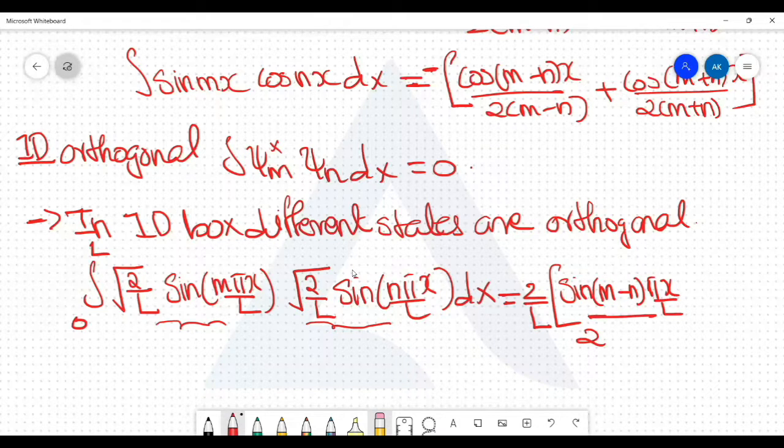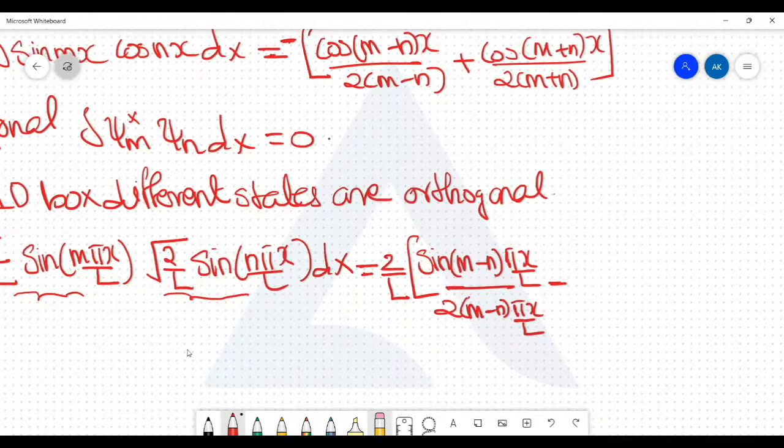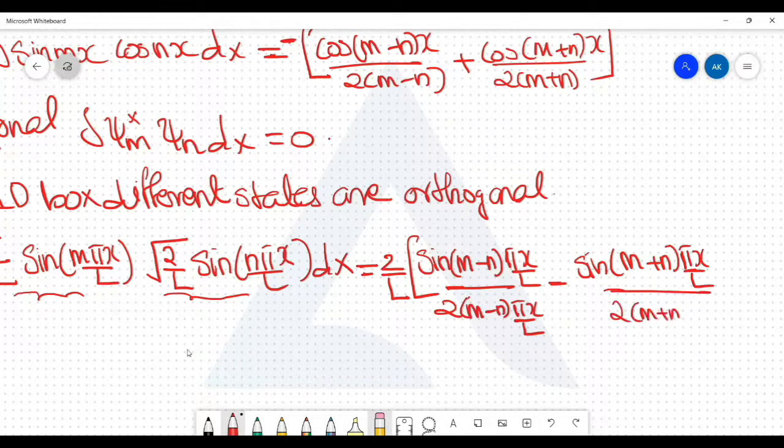pi by L, minus sine (m plus n) pi x by L divided by 2(m plus n) pi by L. Now our limit is from 0 to L. If you substitute the limit x equal to L, the L and L cancel.